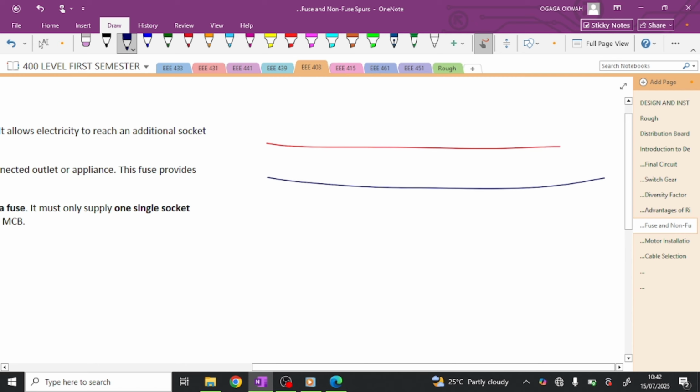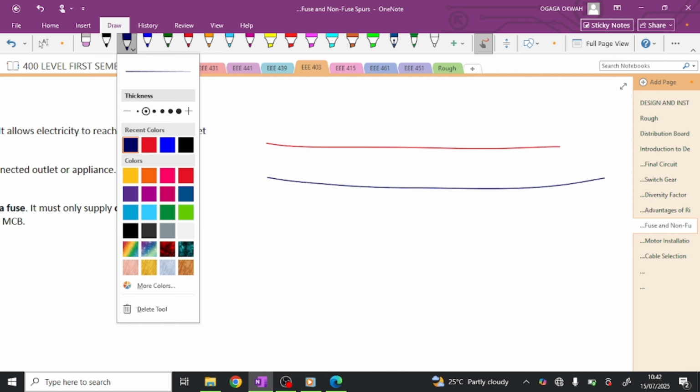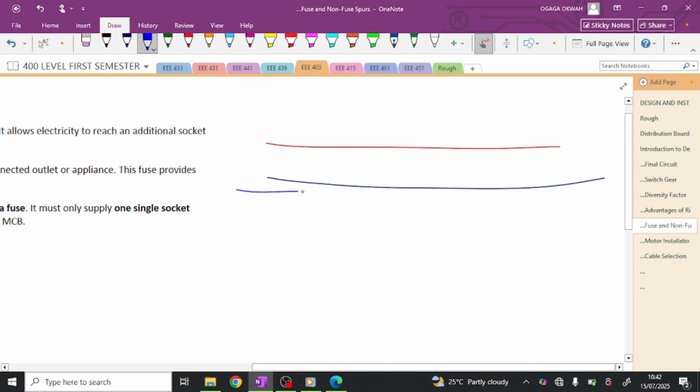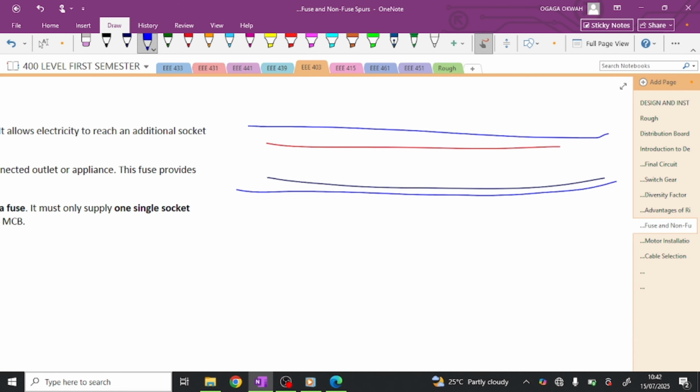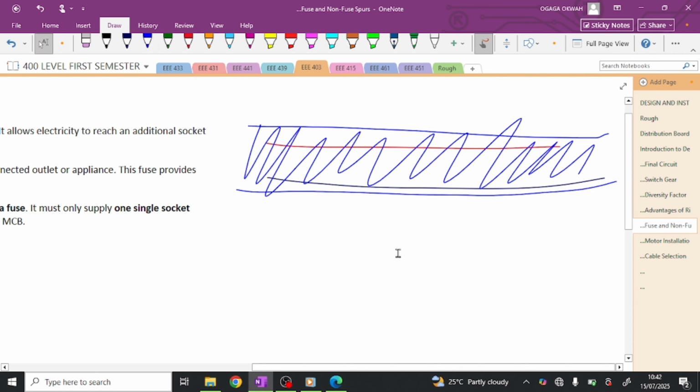Now a spur just means, note of course these are insulated. This is an insulator or a wire, and this blue part is the insulator, and inside the wire you have the red and then the black, live and neutral.